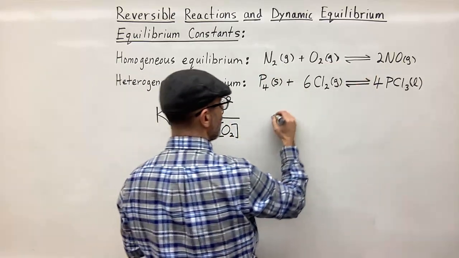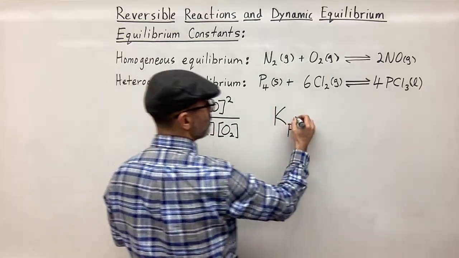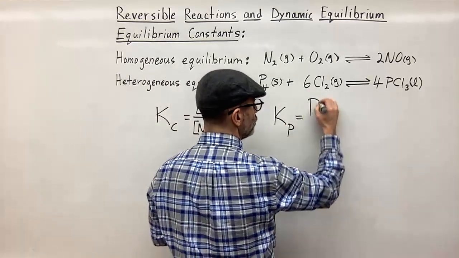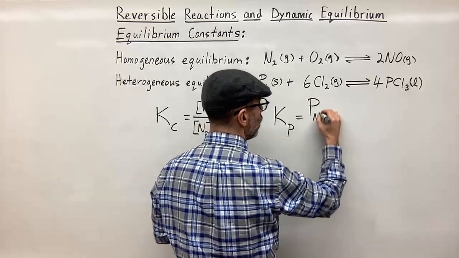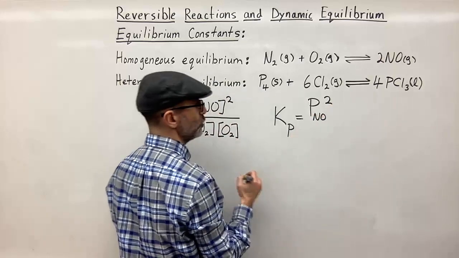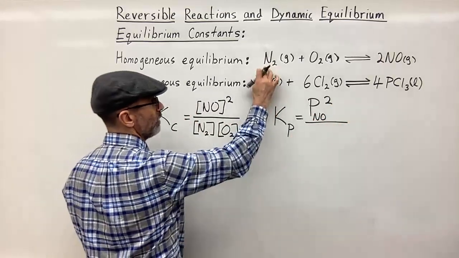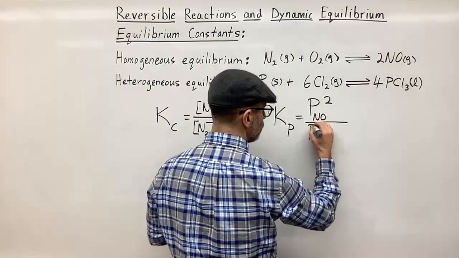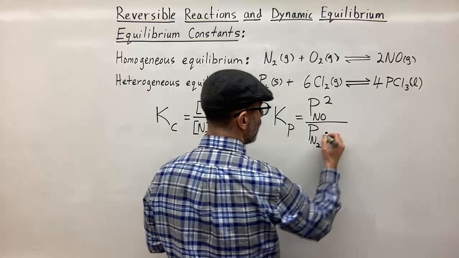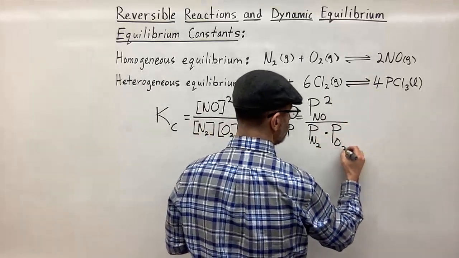Again, you could do it in Kp, right? Kp would be pretty much the same thing. So Kp would be equal to the partial pressure of NO raised to the power of 2 over the partial pressure of N2 multiplied by the partial pressure of O2.